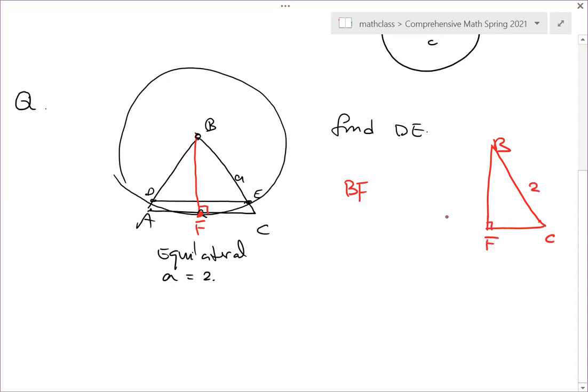The other side, this is a 30-degree angle, 60-degree, so this will be square root 3 over 2 times 2. So that is going to be square root 3. So now you get BF. So you do some calculation first. So DE.